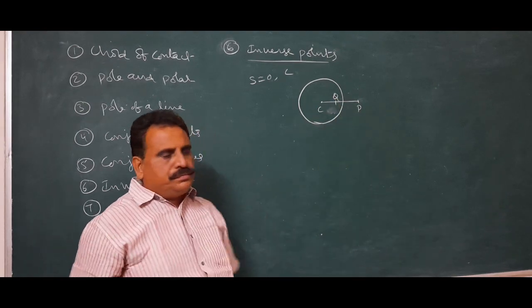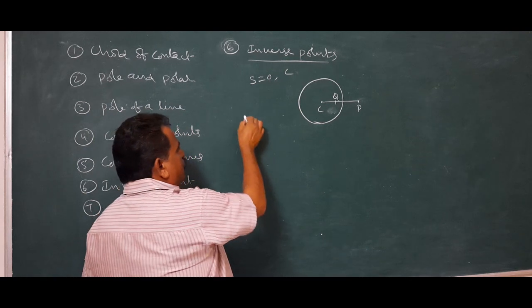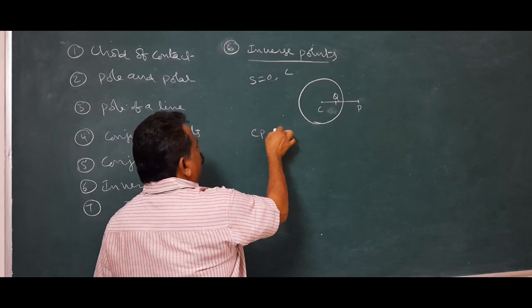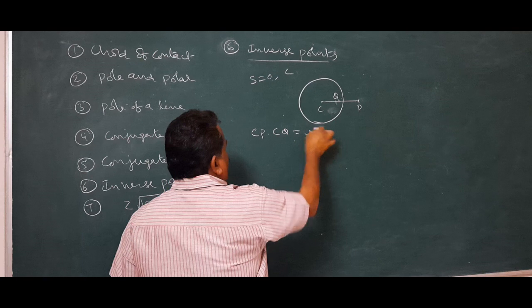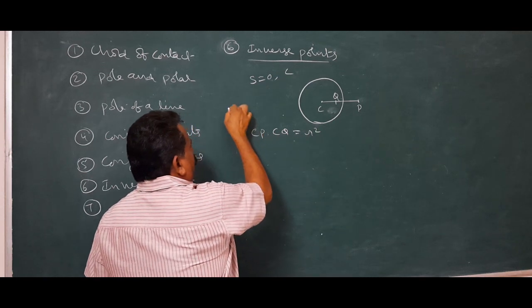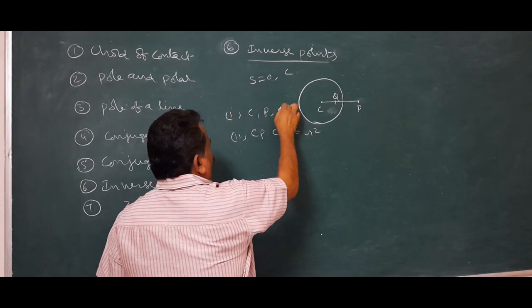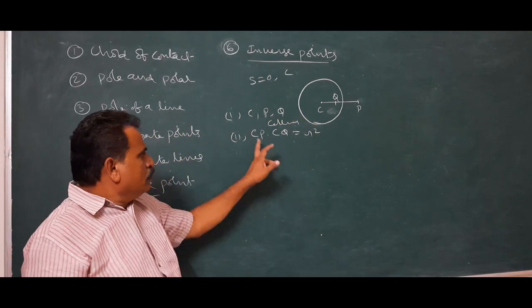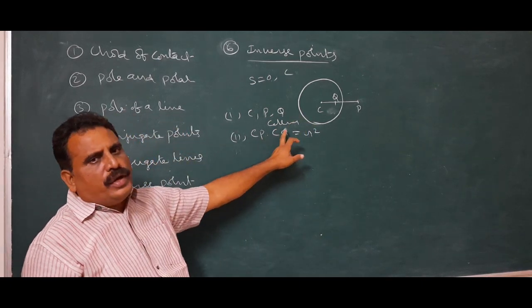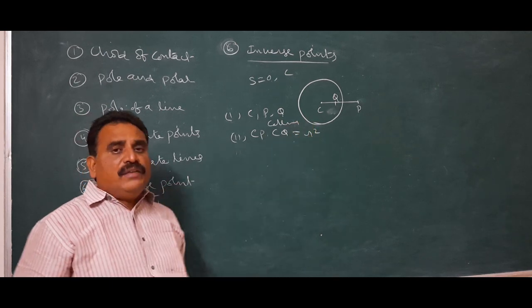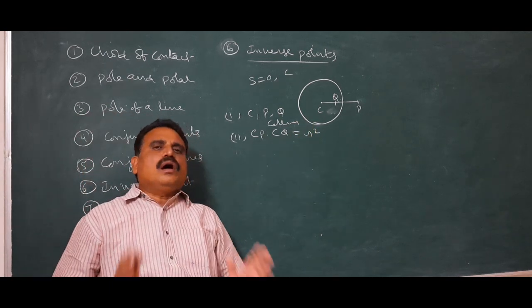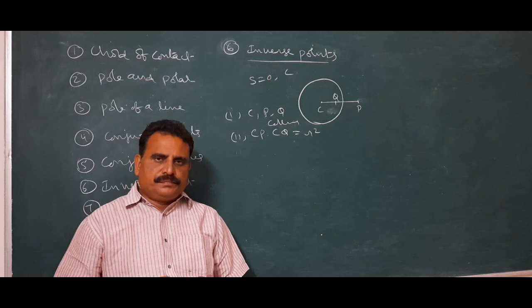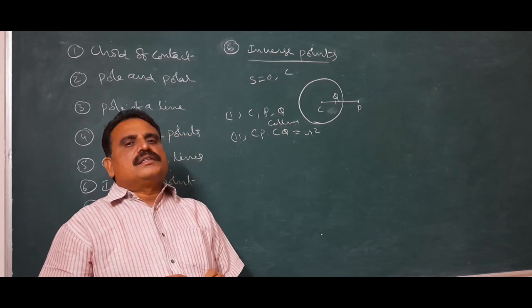That is one condition. The second condition is CP into CQ equal to R square. Then we say that P and Q are inverse points with respect to the circle.